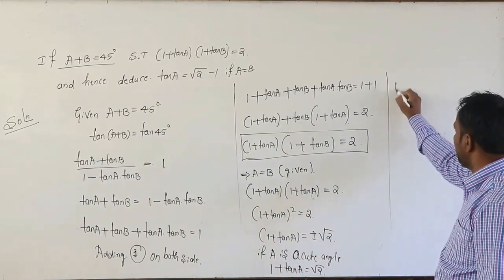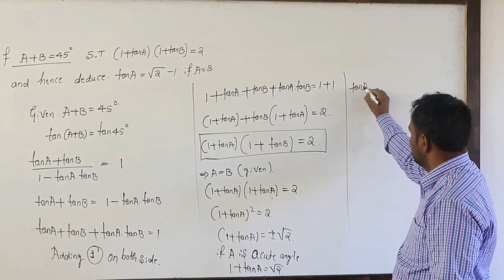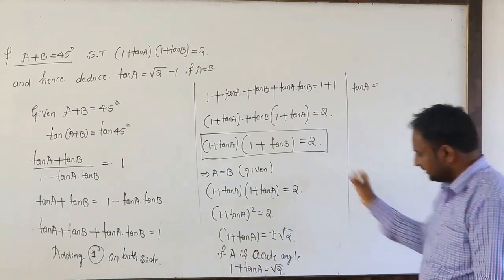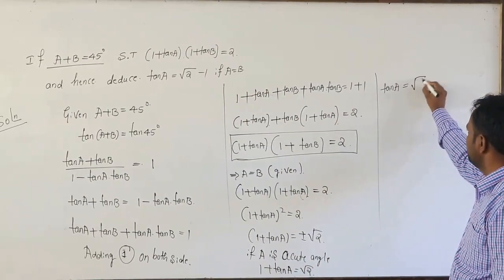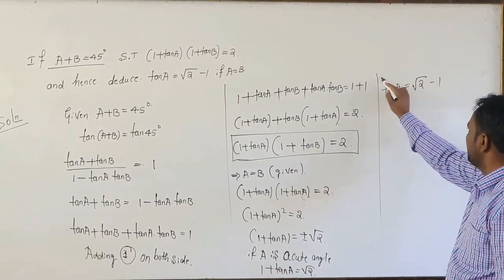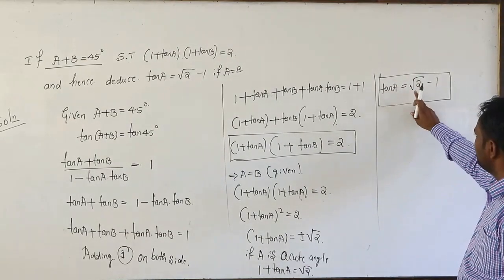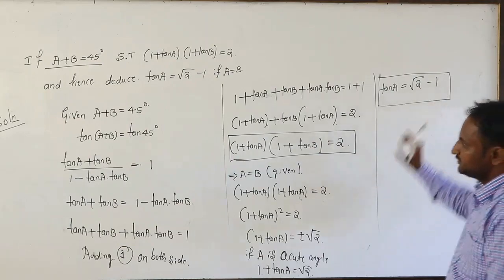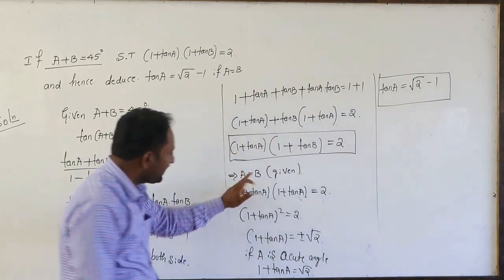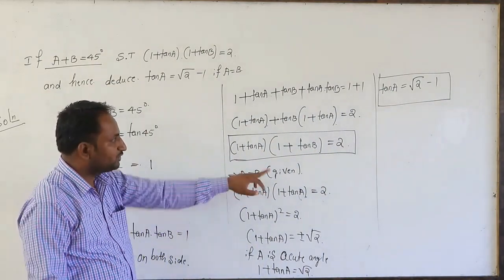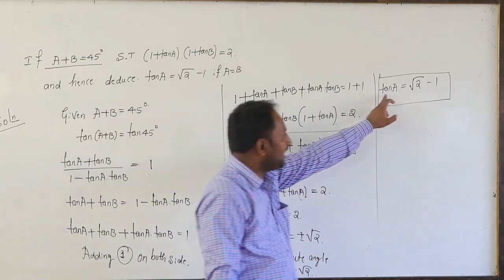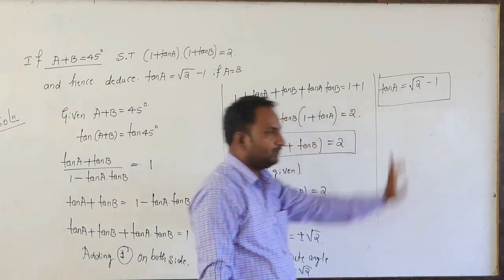Then tan A is equal to, taking 1 to this side, root 2 minus 1. Here we get the result: tan A value is root 2 minus 1, if A is equal to B.